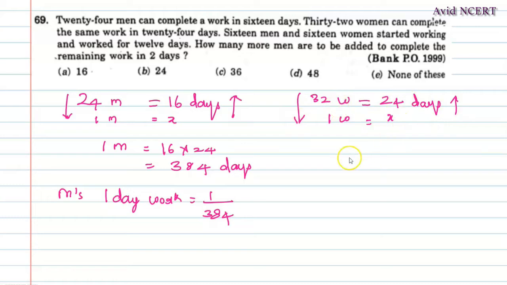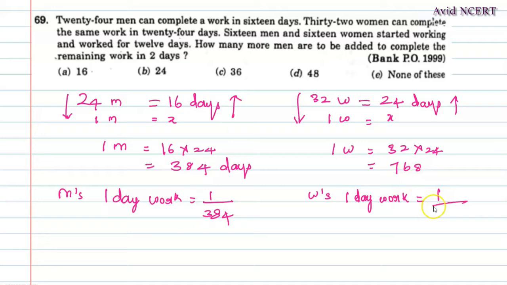Therefore, we have to multiply these two. So 1 woman equals 24 into 32, which is equal to 768. Therefore, a woman's 1 day work equals the inverse of this, 1 by 768.